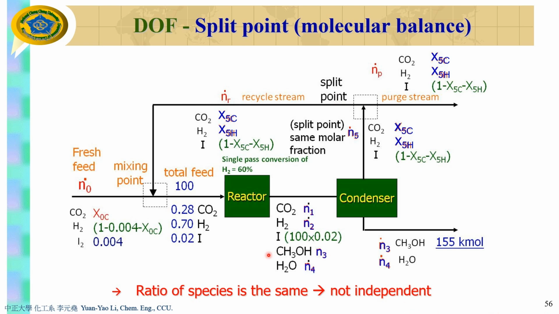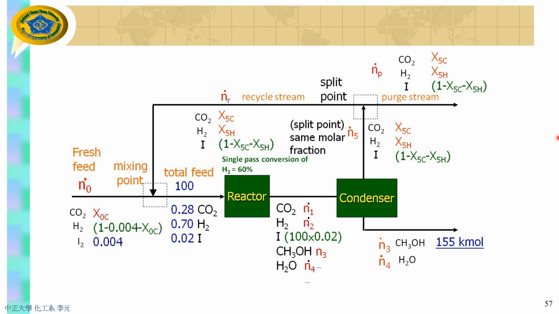The ratio is the same, so this is not independent. There are 2 equations, only one equation independent. Okay, that's why we don't want to do the splitting point.